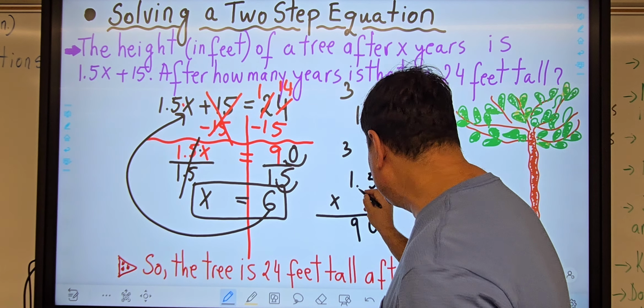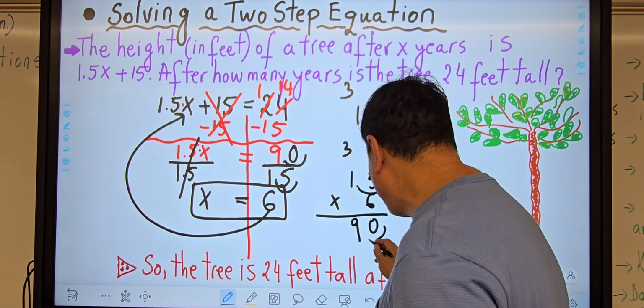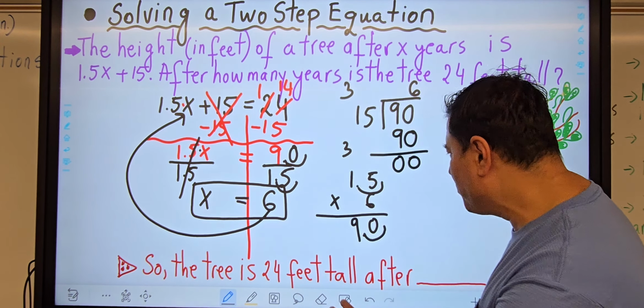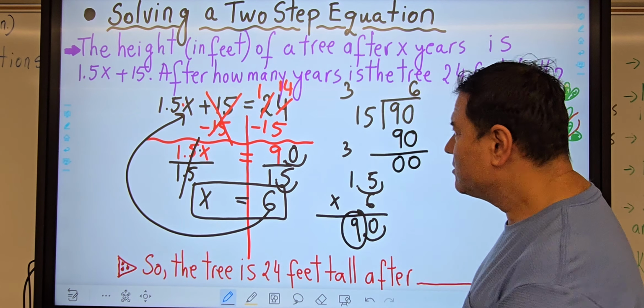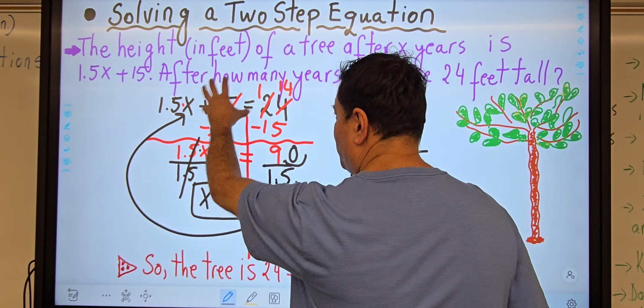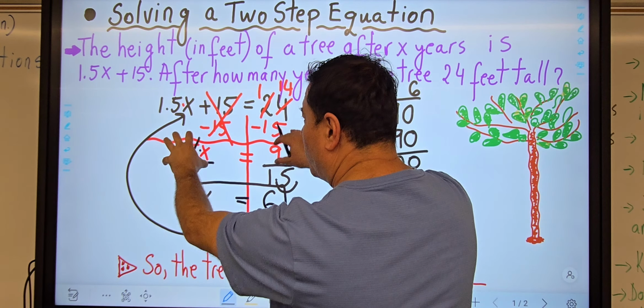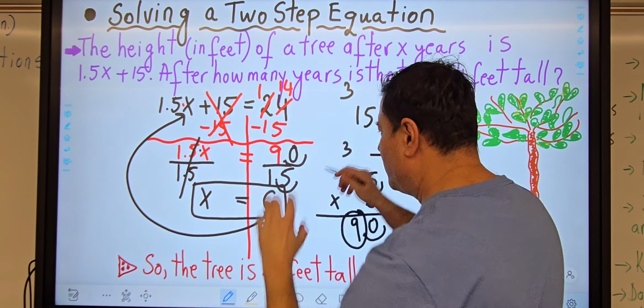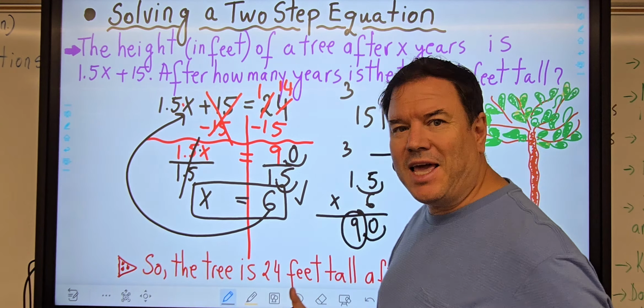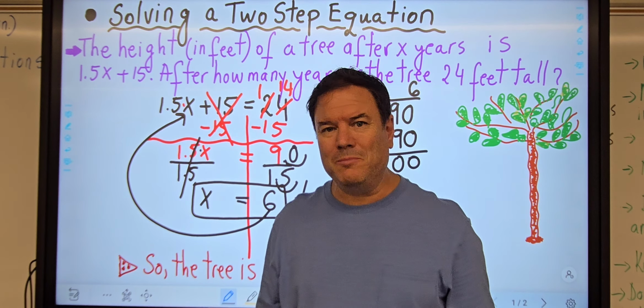And remember, move the decimal to the left one place, and this becomes 9. So now we have 9 plus 15, which is 24, and 24 equals 24, and we get a true statement. Therefore, 6 is the answer to our equation.